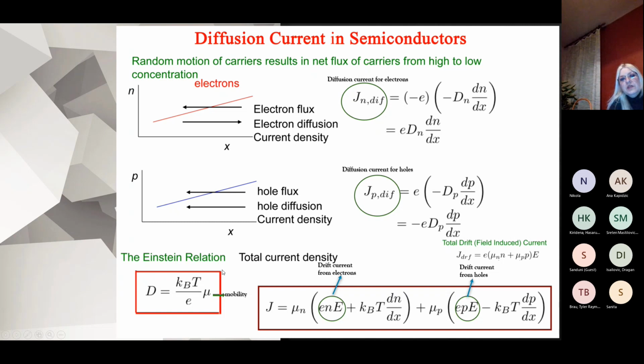We can do this by using the Einstein relation, where the diffusion coefficient is related to the mobility, with just the Boltzmann constant and the temperature as constants. So the total current has two components: the drift current from electrons and the diffusion current from electrons. And here we have the part concerning the holes, which is also built from two parts: the drift current from the holes and the diffusion current connected with the holes.